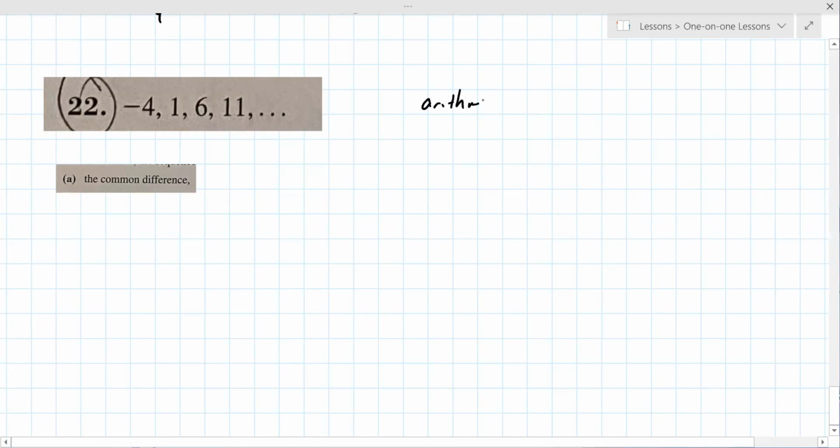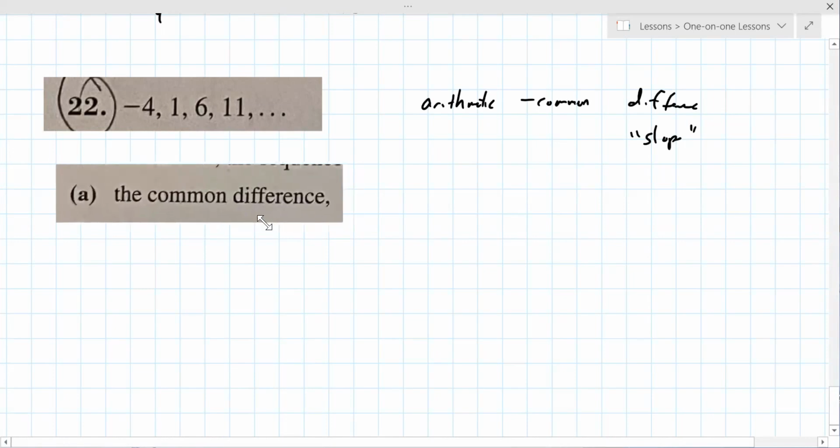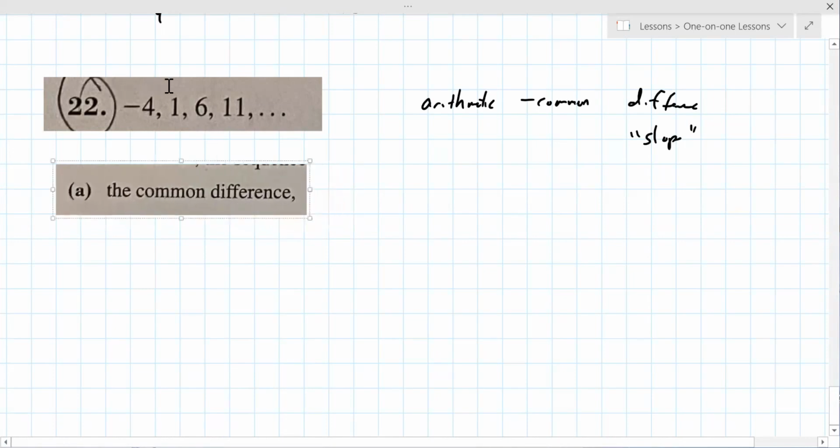Arithmetic sequences always have a common difference, also known as the slope. So can you tell me the common difference here? I can give you a formula, but it's the jump. What is the jump to go from one term to the next? 5. So d equals 5, and that's it for that one.